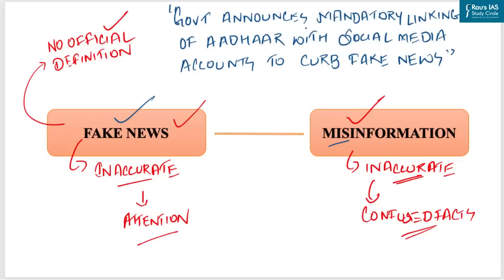So there was an article with the title that government announces mandatory linking of Aadhaar card with social media accounts to curb fake news. This article claims that the Indian government has announced a new policy requiring mandatory linking of Aadhaar with social media accounts in order to combat fake news.